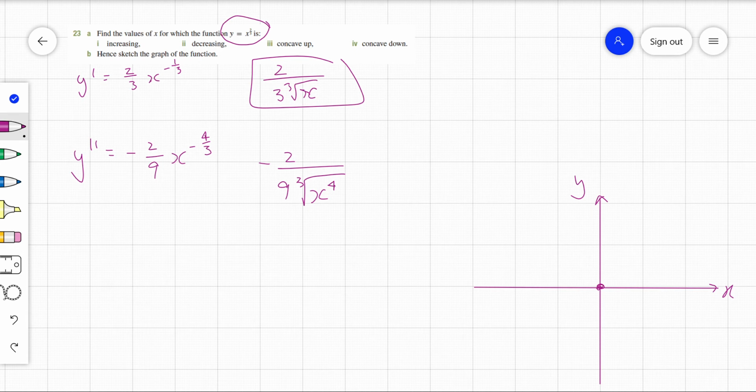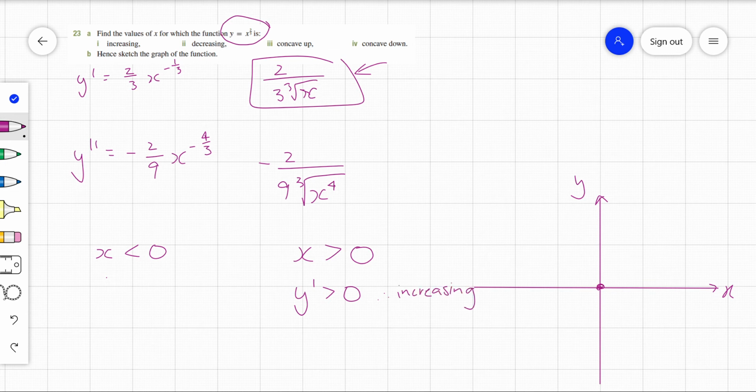So we know that y dash when x is positive is positive. Whoops, I just wrote that for the wrong one. Of course I did, I was looking at this, wasn't I? So it is greater than 0, therefore increasing. So for positive values of x, it's increasing.